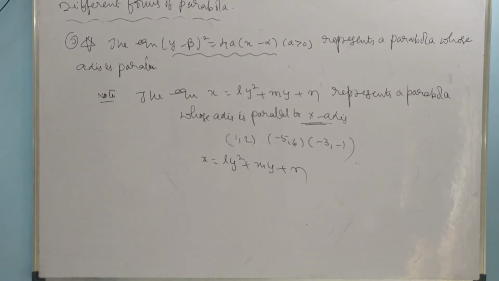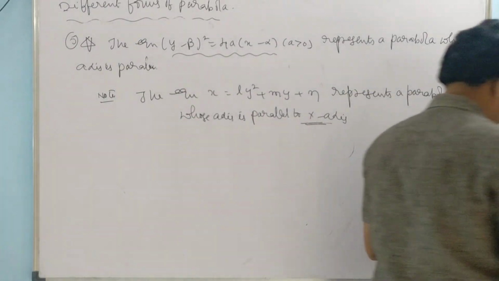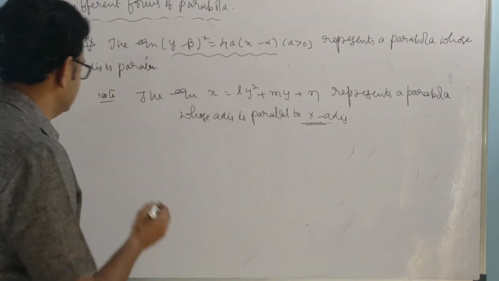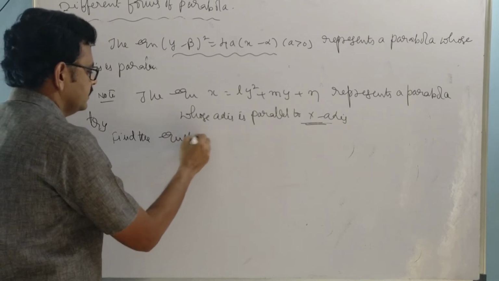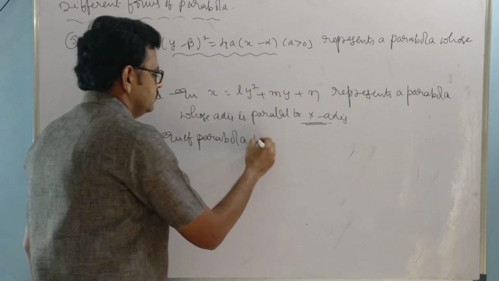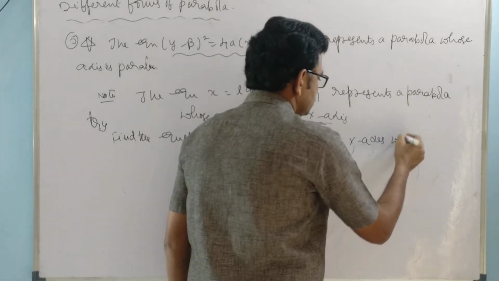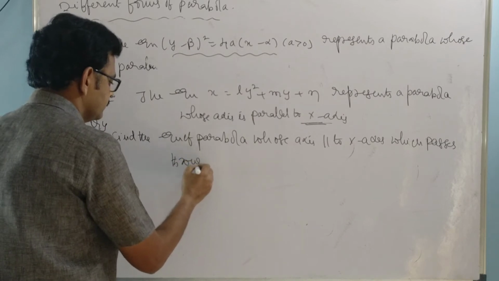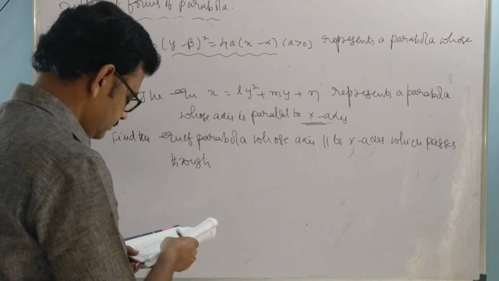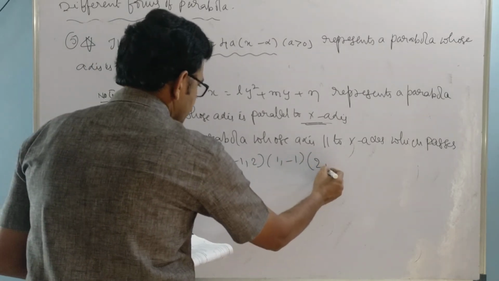Find the equation of parabola whose axis is parallel to x-axis which passes through the points minus 1, 2, 1, minus 1 and 2, 1.